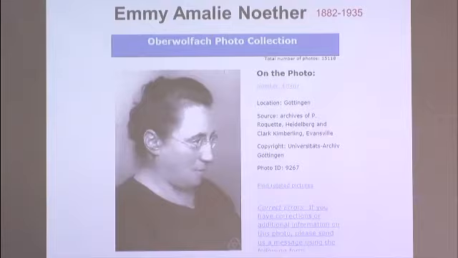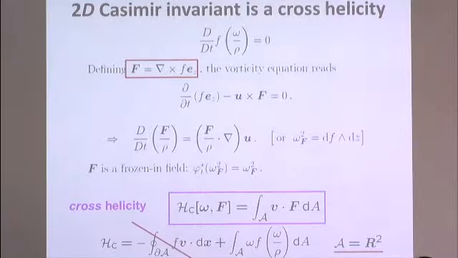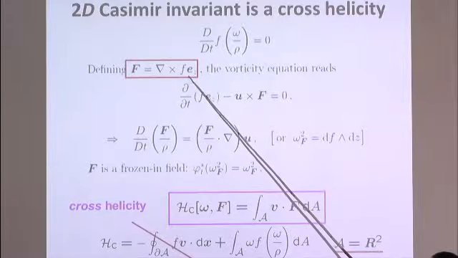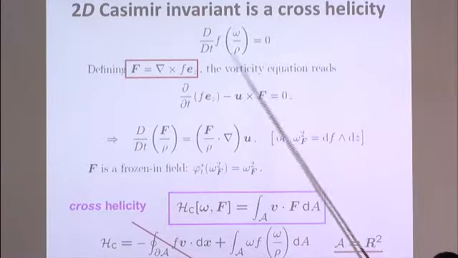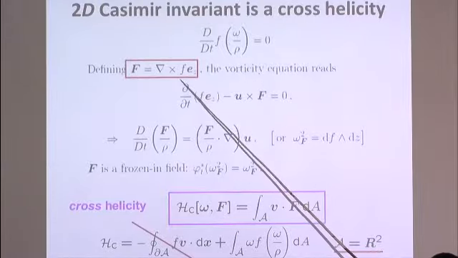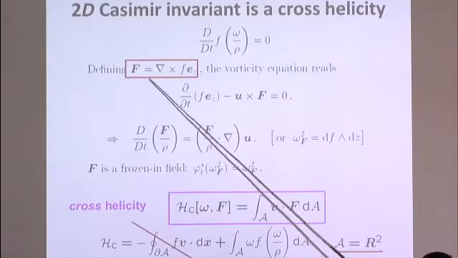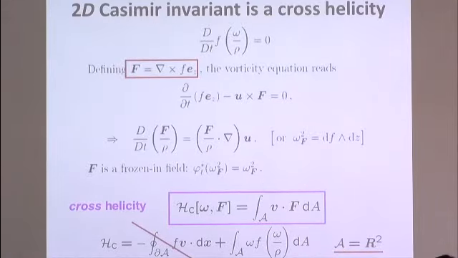Then she said there is no distinction between 2D and 3D. So I was upset, but then I thought 2D and 3D should be the same. If you introduce this variable, where f is any function of vorticity, a function of x and y, this is a vector, and if you take the curl, then this quantity is a frozen field.